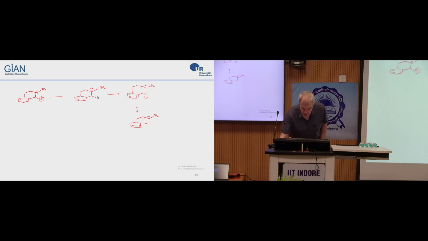Then the nitrogen has the normal pair again. And then I have a radical here. So this is a very good way to make so-called alpha amino radicals.